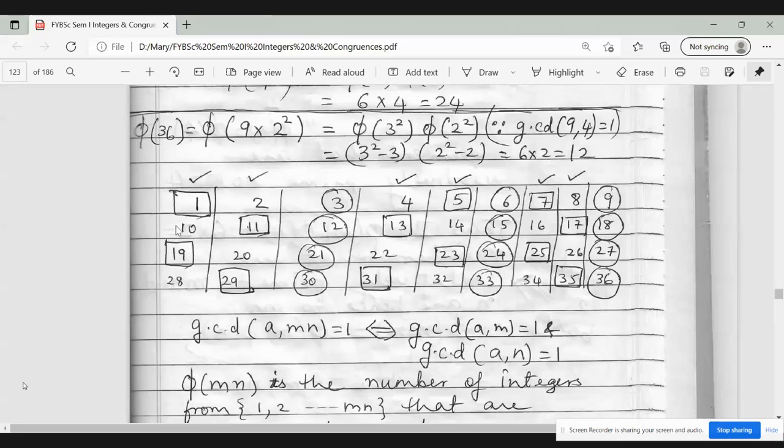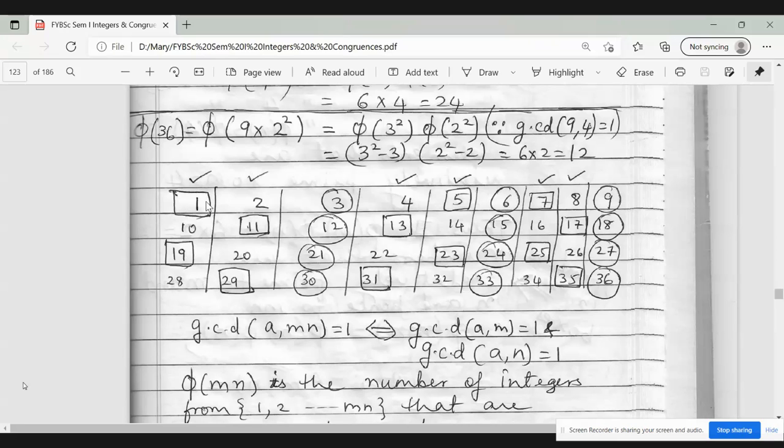See, look at the numbers. Whose GCD will be 1 with 4? 10 and 4 GCD is not 1. 28 and 4 GCD is not 1. So I put it under square.